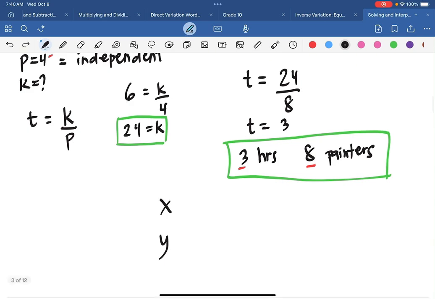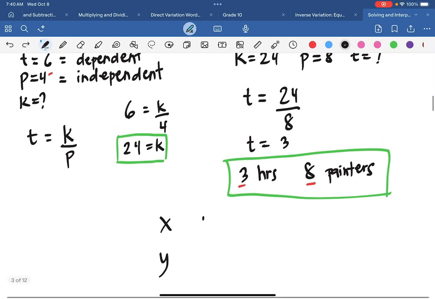We have 4 painters and 8 painters. If we have 4 painters, it will take 6 hours. And if there are 8 painters, it will take 3 hours. And that's it. Again, our answer is 3 hours for having 8 painters.